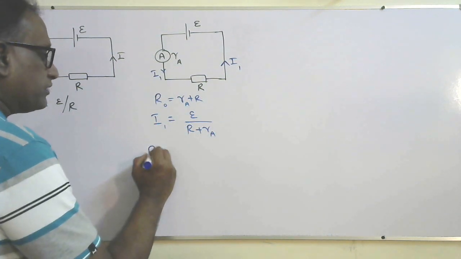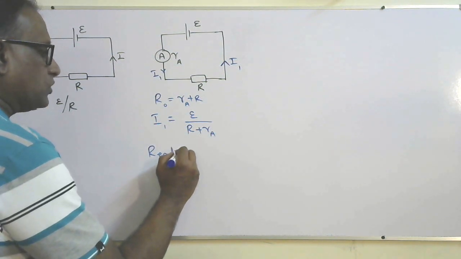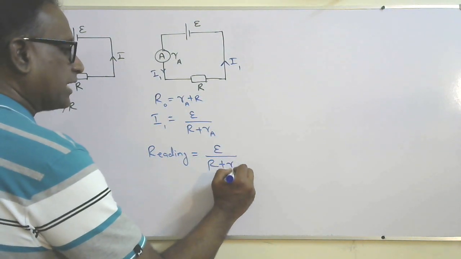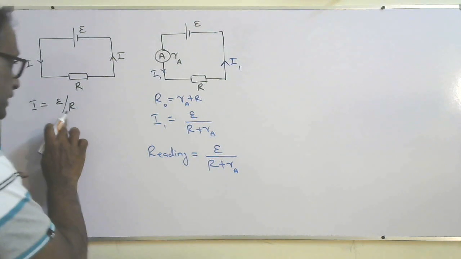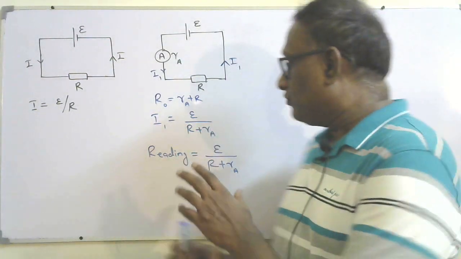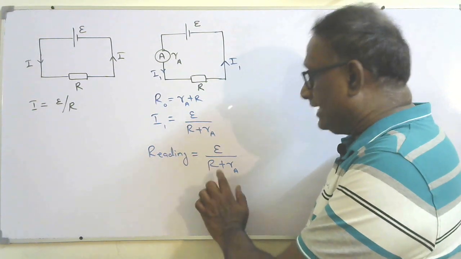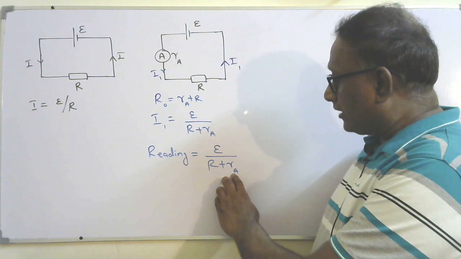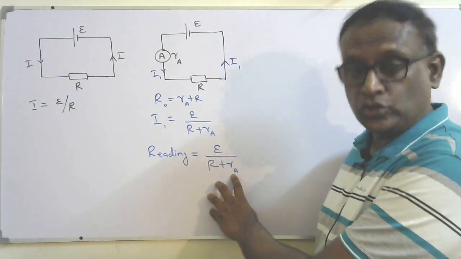So the reading of the ammeter will be EMF over R plus RA, which is lower than the actual current flow in the circuit. If I want the reading to equal the actual current, then RA must be equal to 0.